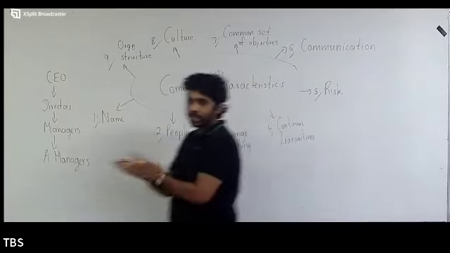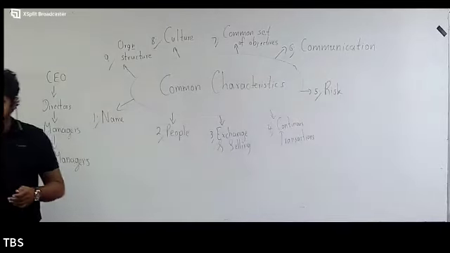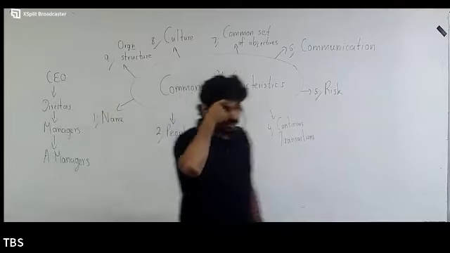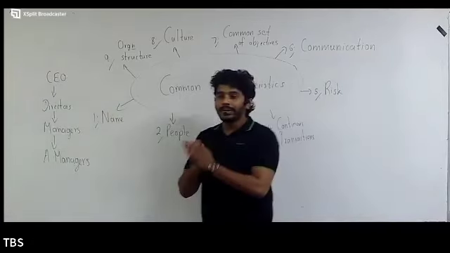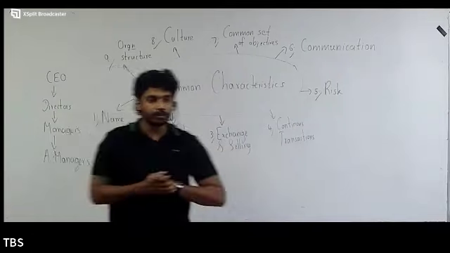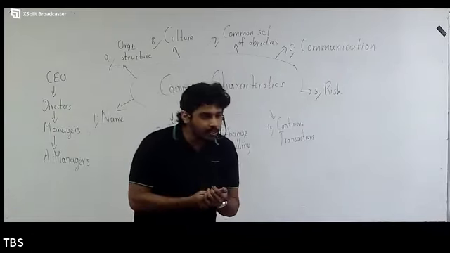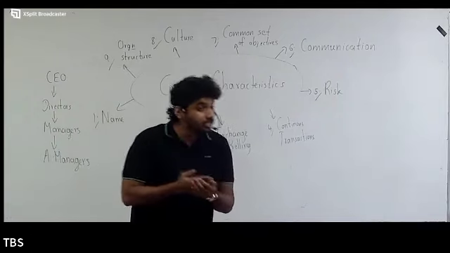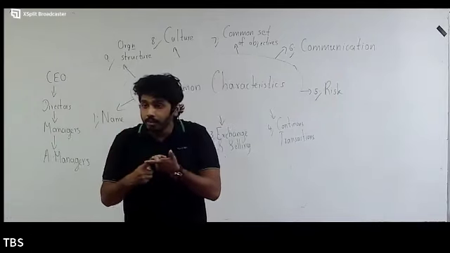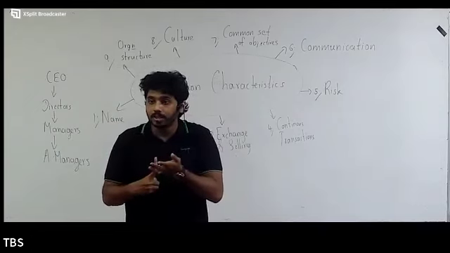That's your last one, which is organization structure. Clear? Yes? Right. Fine. Cool. Now, what are the common characteristics of businesses, case? Let's go from the first one. Name, people, exchange and selling, continuous transactions. Next one: risk, common set of objectives, communication, culture, structure. Let's do it again.